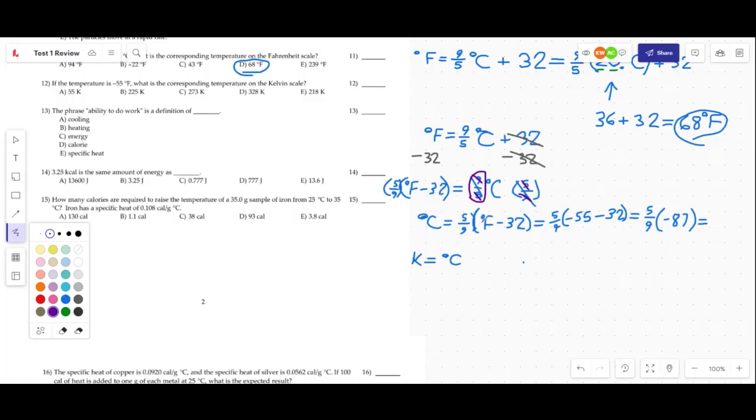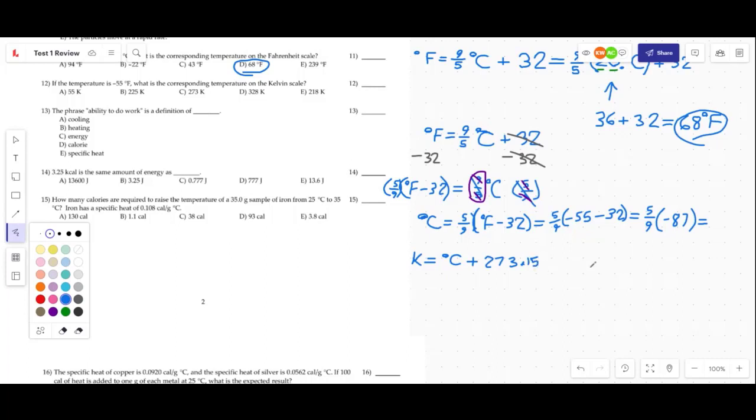All right, so 5/9 times degrees Fahrenheit minus 32. Now the equation for Kelvin is degrees Celsius plus 273, or 273.15 if you want to get super nerdy technical.